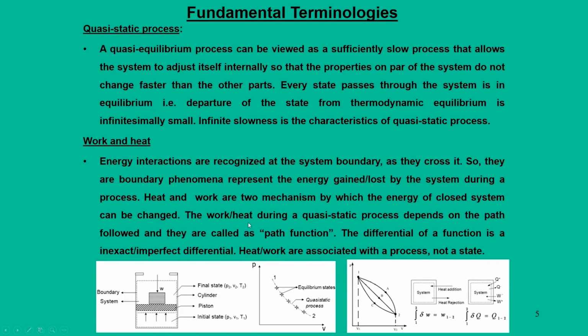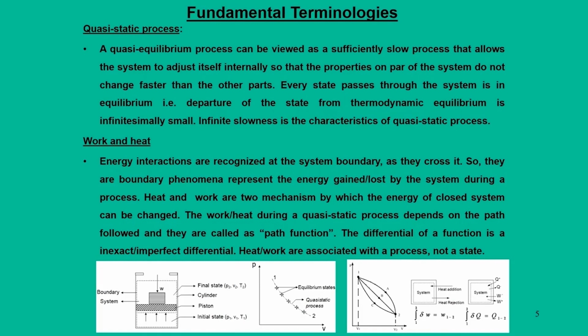Then another kind of process that we come across is the quasi-static process. Obviously, when the coordinates of a system change, some change of state happens in a particular process. But what happens if this change of state happens in a very slow manner?